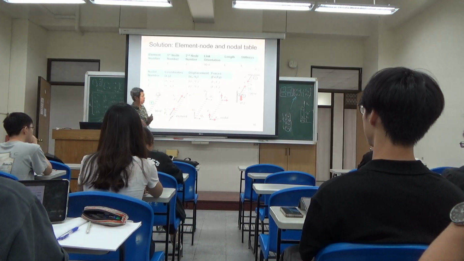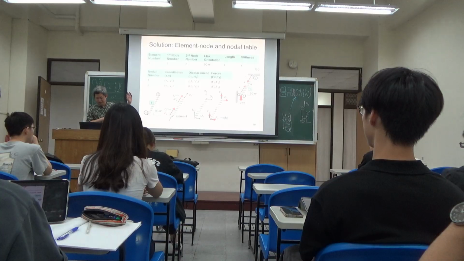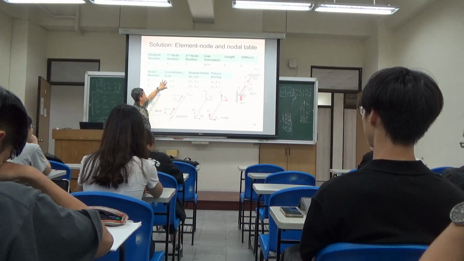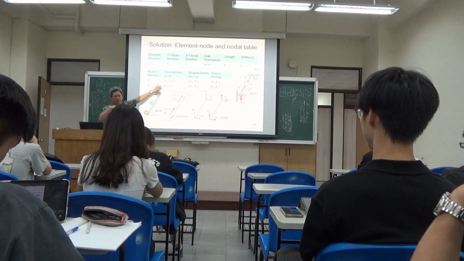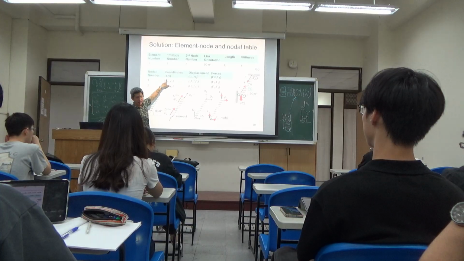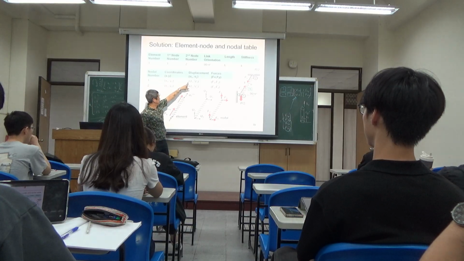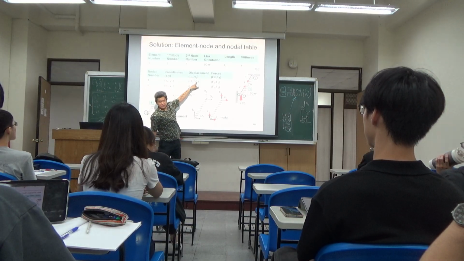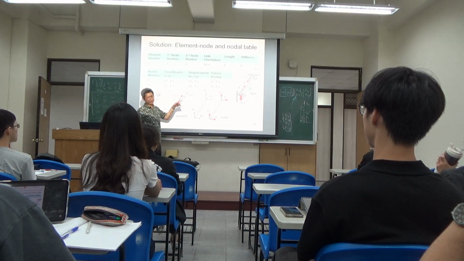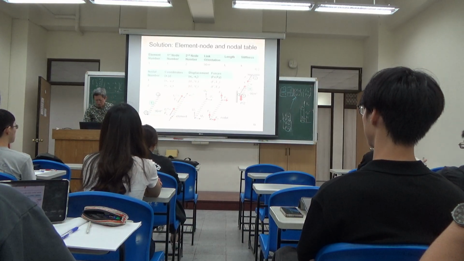This is the coding and definition based on the program. But for our on-hand calculation, you can still define coordinates x and y, displacement u and v at node 1, or F1 at node 2.